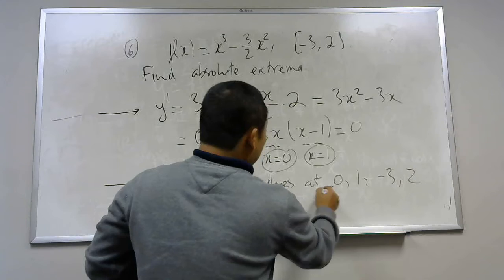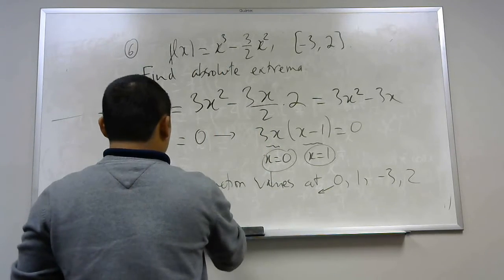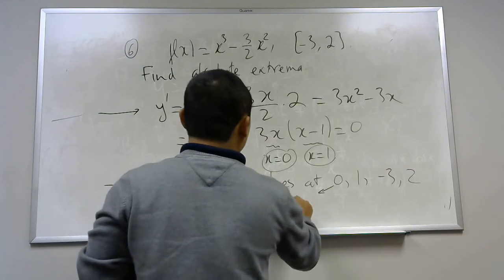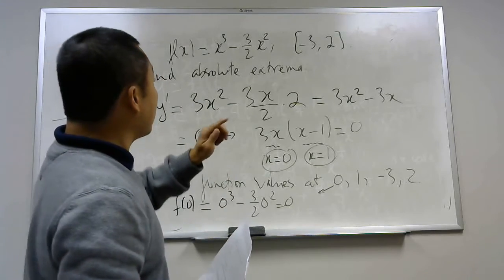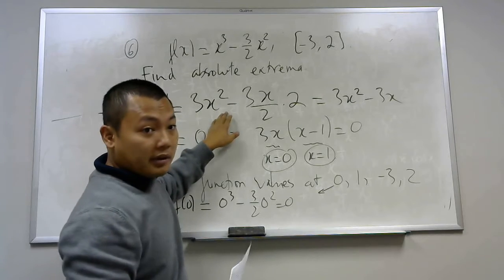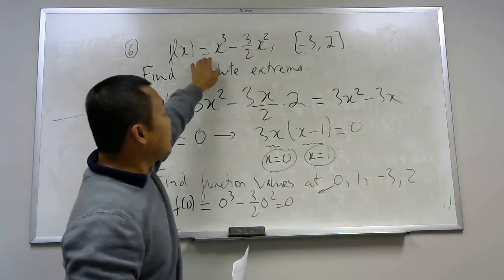So at 0, we plug 0 into the function. f of 0 is 0 cubed minus 3 over 2 times 0 squared, which is 0. Right? Don't be confused, because we are working with function values, not with the derivative. So in this case, you have to plug all these numbers into the original function.